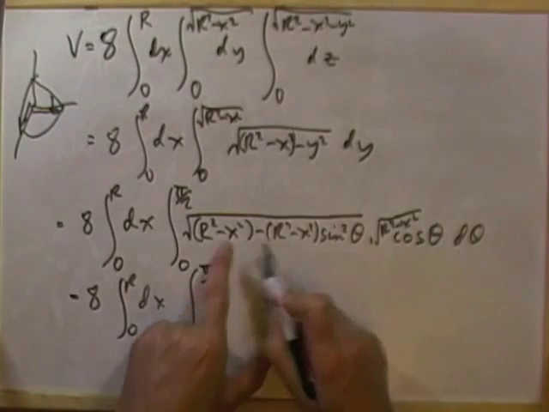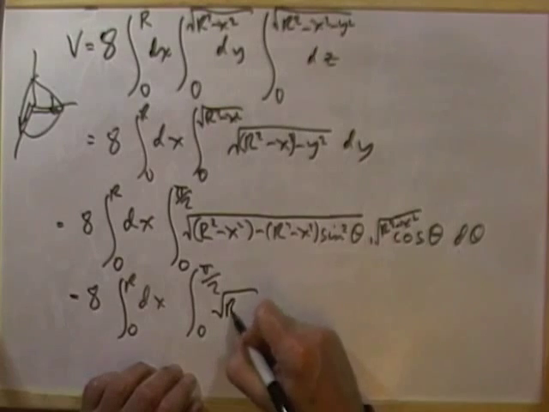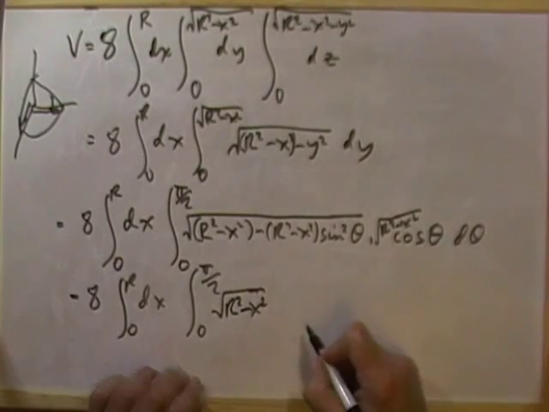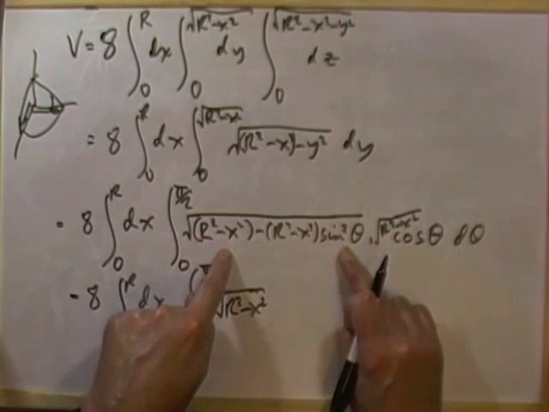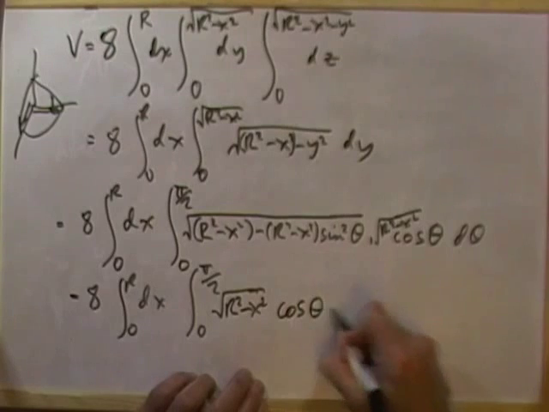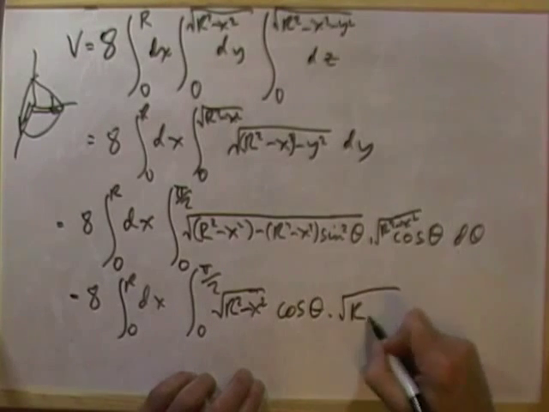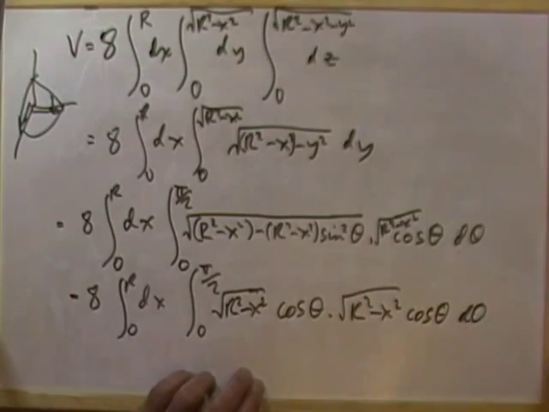That's a common factor, that's going to come out, the square root of r squared minus x squared. Inside the square root, I'm going to have 1 minus sine squared, that's cos squared. Square root of cos squared will just be cos, times the same thing again, r squared minus x squared cos theta d theta.